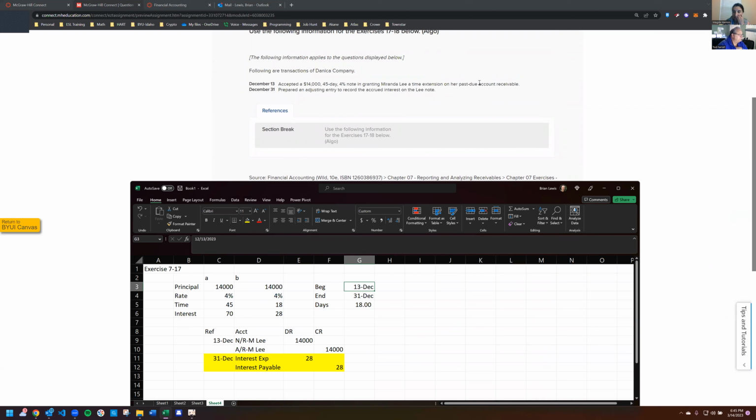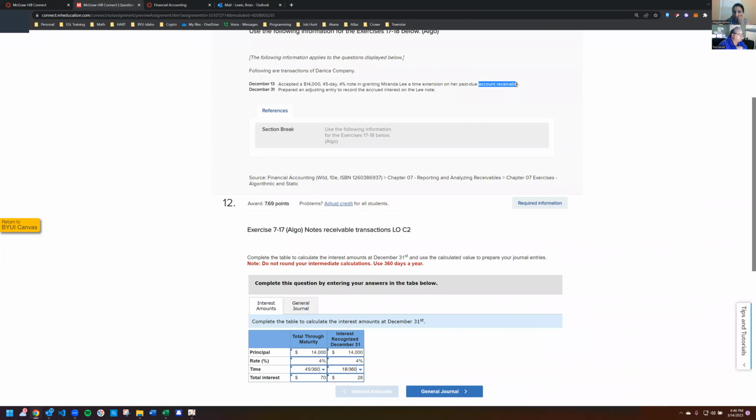You change it from them owing you an account receivable, you sent them an invoice and they're not paying it. And you said, fine, we understand you're not going to pay the invoice, so we're going to convert it from an accounts receivable to a notes receivable. And that note, which is actually a negotiable interest instrument, is a $14,000 note for 45 days, right?